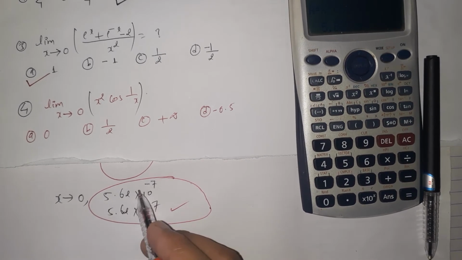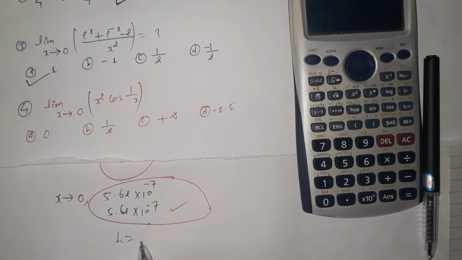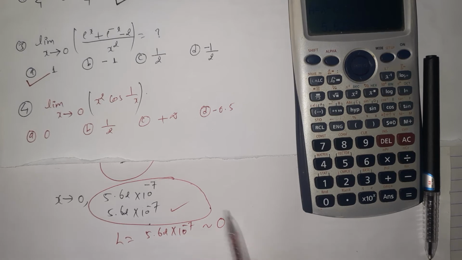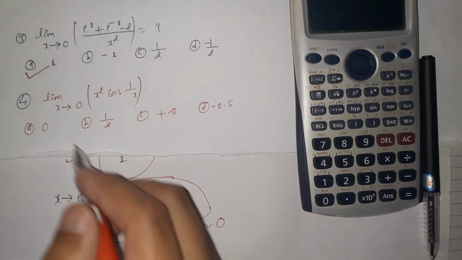The limiting value is the same functional value, 5.62 times 10 to the power negative 7, and this number is very close to 0. So the limiting value of this function is 0.